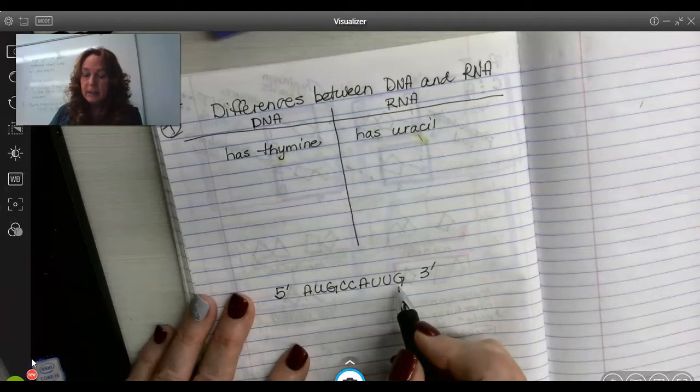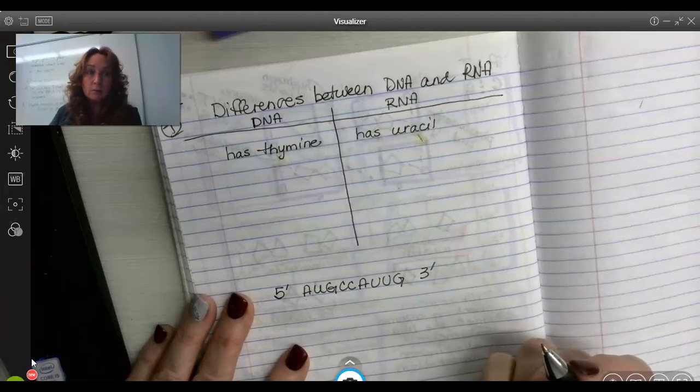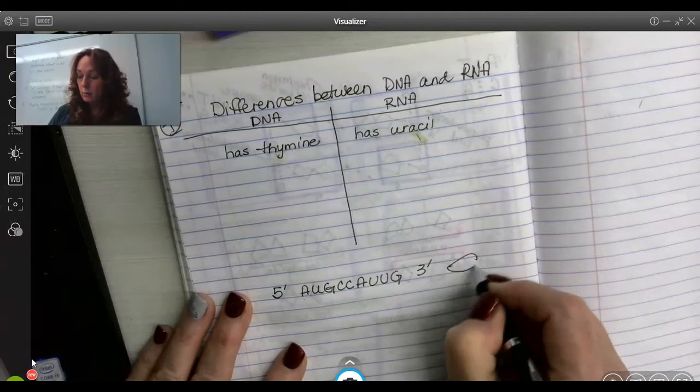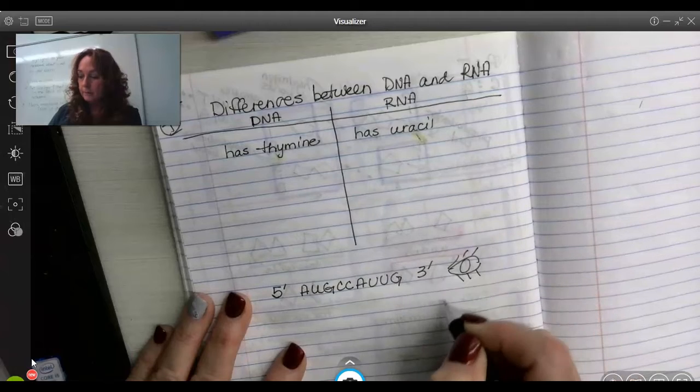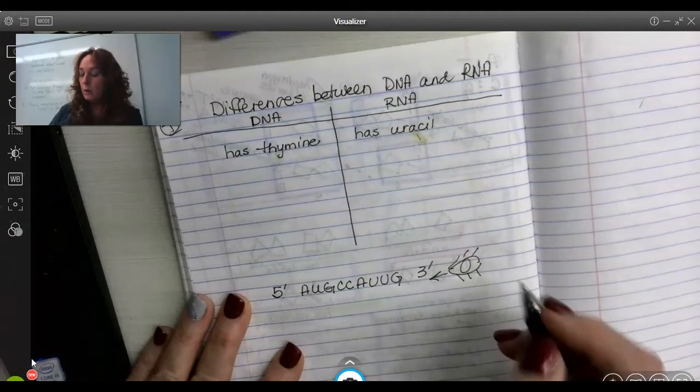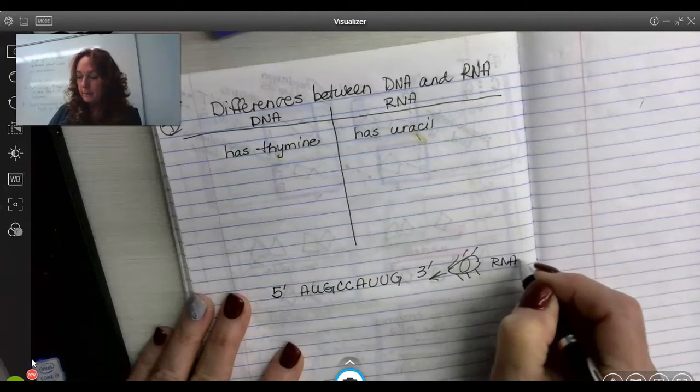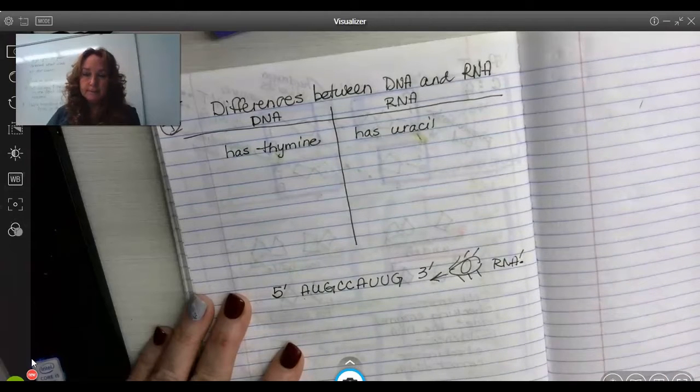And you have to be able to look at that and go, oh, okay, so you look at that with your eyeball, and you can tell that's RNA. Okay?